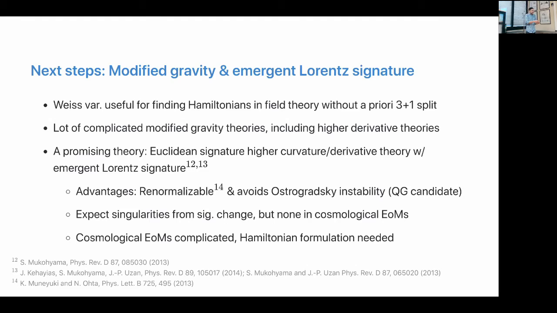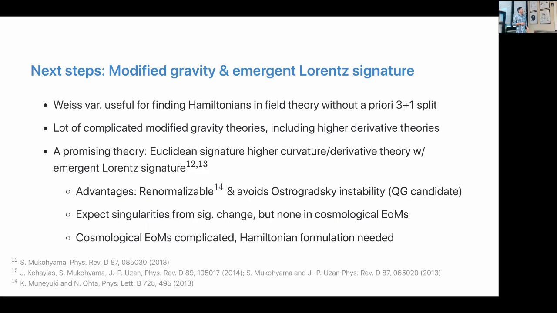Of course, since you have this effective metric, you might expect singularities at points where the metric becomes degenerate, or effectively when you get a signature change. But I don't see that in the cosmological equations of motion that I get from this theory. So that's something that's a bit puzzling to me.